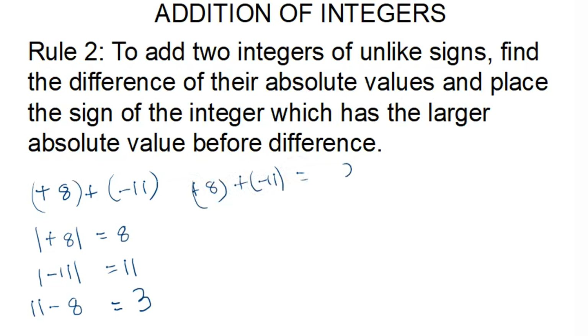Compare both the numbers 8 and 11 and see which is the greater number. 11 is the greater number. What is the sign in front of 11? It is minus. So we place the sign of the greater number in front of the difference which we have found. This is the second rule for addition.